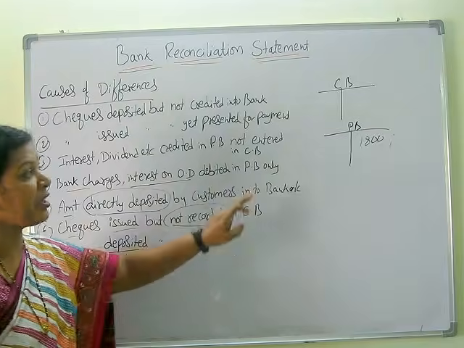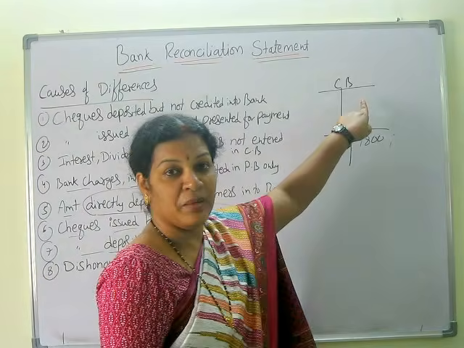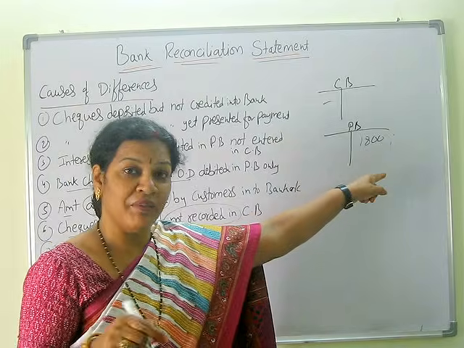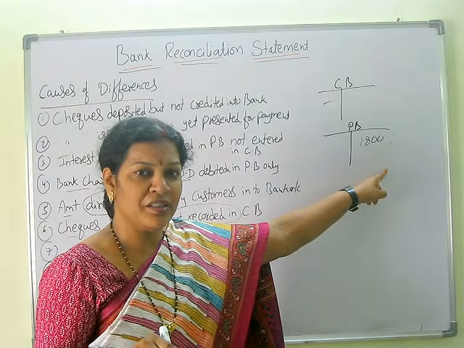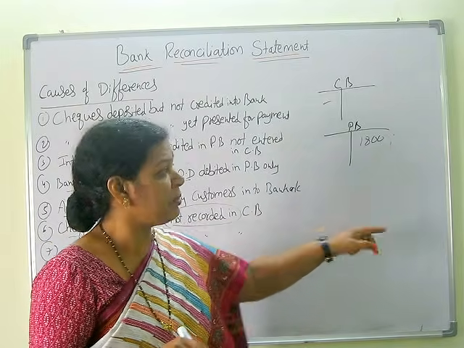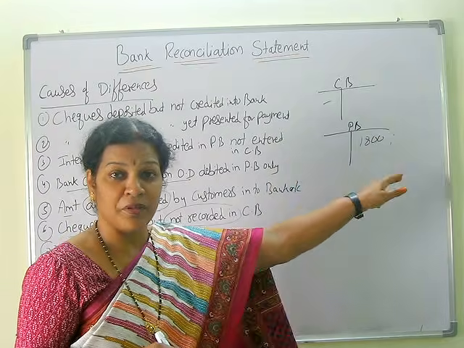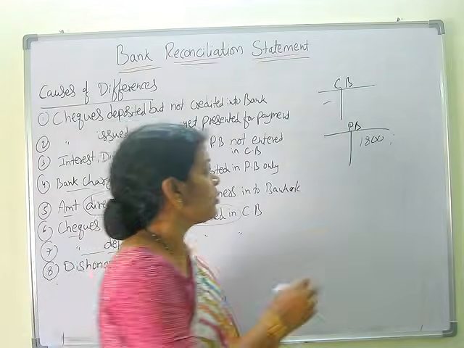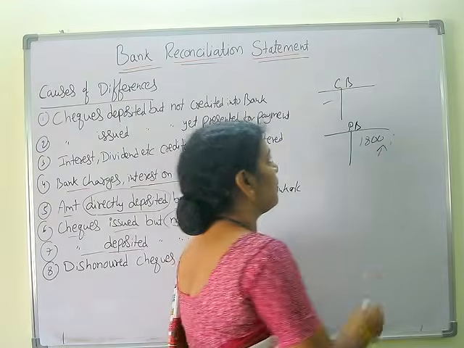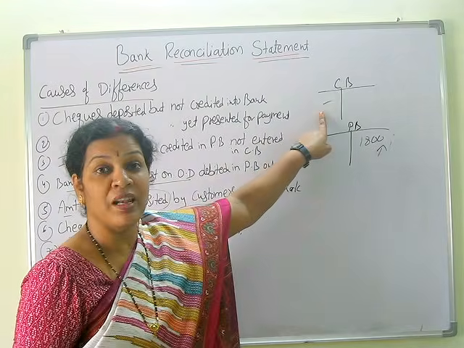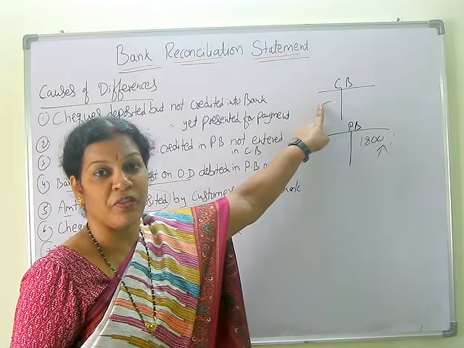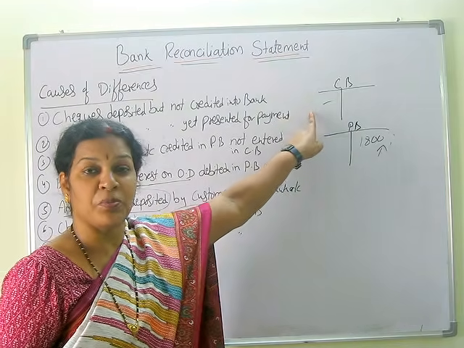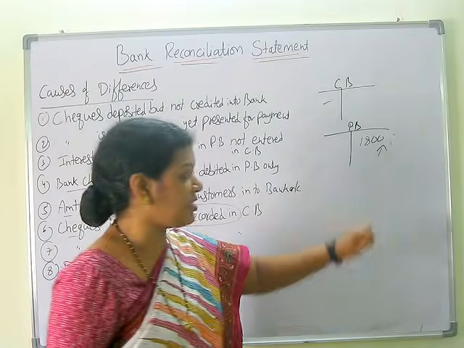In the passbook we have the record. The passbook is more because the check was directly deposited but we did not write it. So the cash book will be less. This is one difference. Both sides should be the same, right? So there is a difference between the cash book debit side and the passbook credit side.